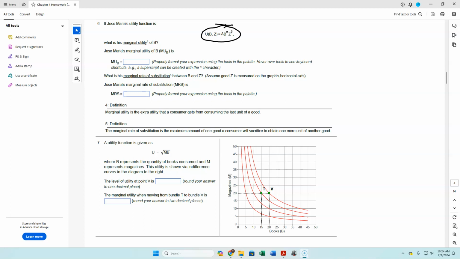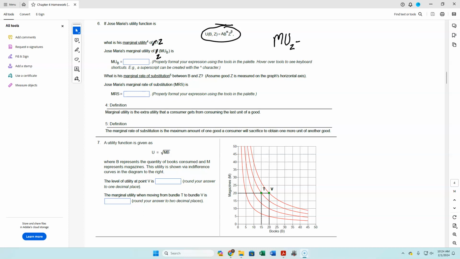And we're asked first for what's the marginal utility of B. Well, the marginal utility of B, oh, sorry. I'm going to change this only because when I printed things out, it was algorithmic. So forgive me. I already wrote it out here with Z, so I'm going to do it with Z, if that's okay.